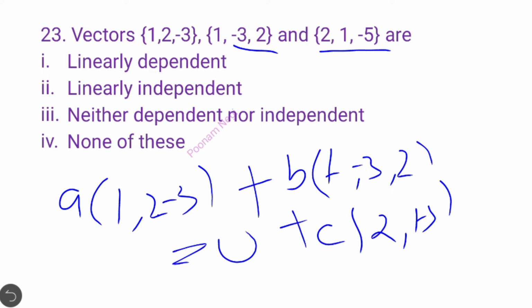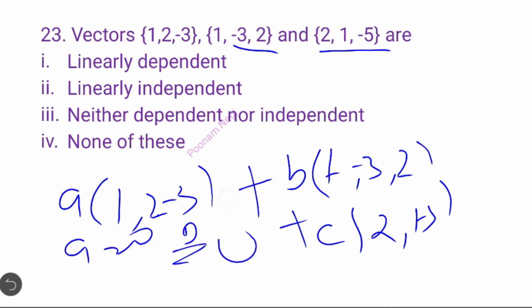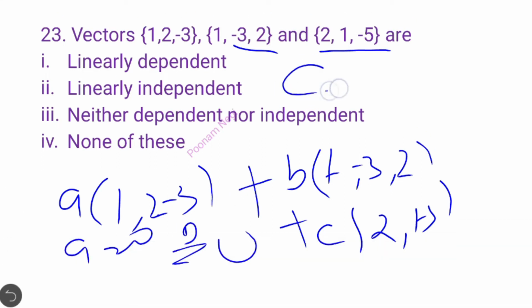When we solve these three equations, we have a equals 0, b equals 0, and c is also equal to 0. That's why these vectors are linearly independent.